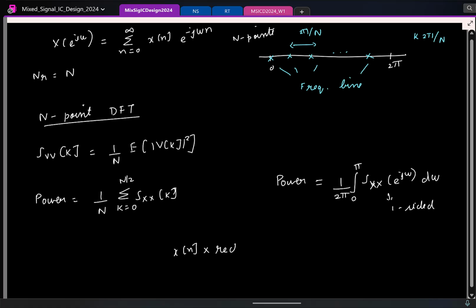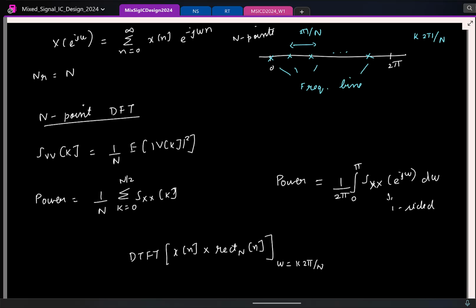I truncate it for n samples by multiplying with a rectangular window. So this truncated sequence is what I work with. I find the Fourier transform at k times 2 pi by n. That's what is happening. So we'll try to do the same thing for the sinusoid also.